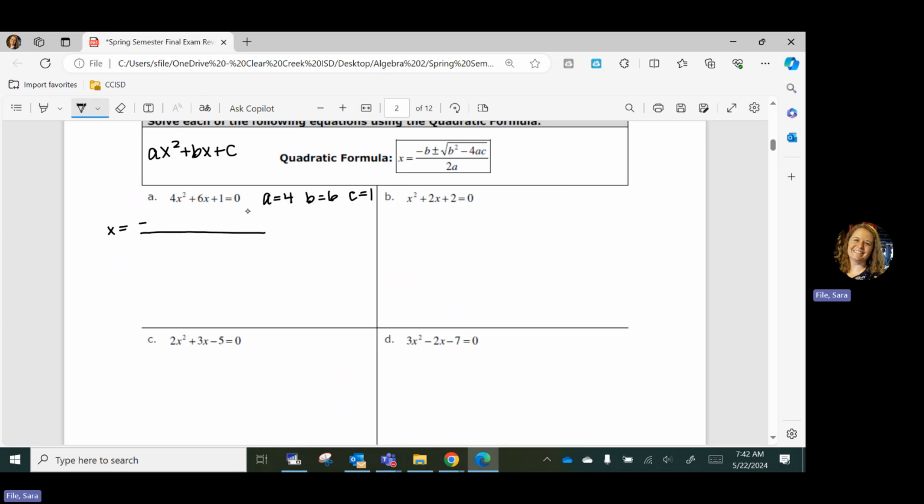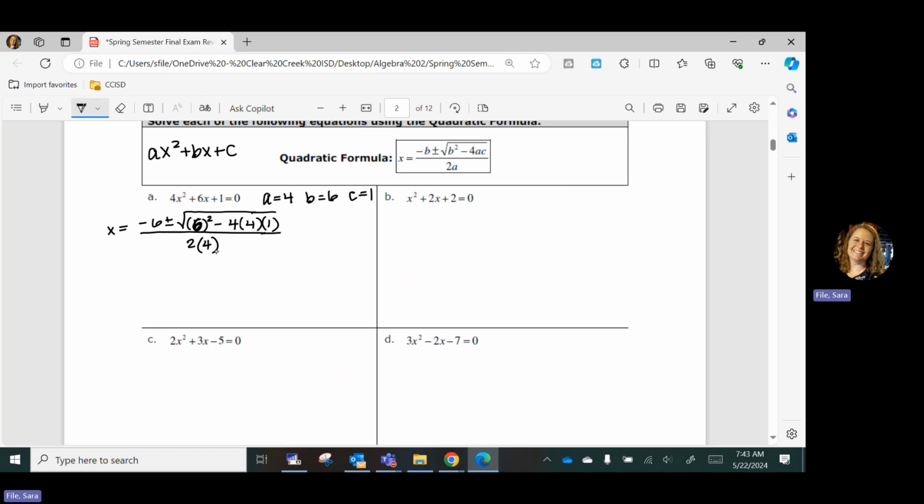So negative B is negative 6 plus or minus the square root of B, which is 6, squared minus 4 times A, which is also 4, times C, which is 1, all over 2A, and A is 4.